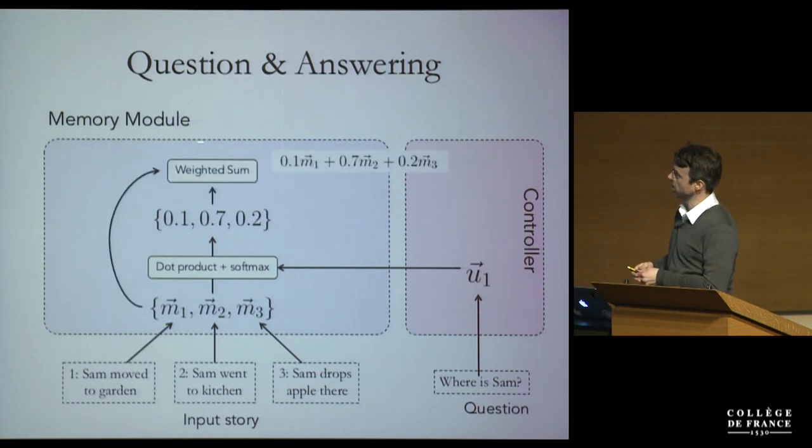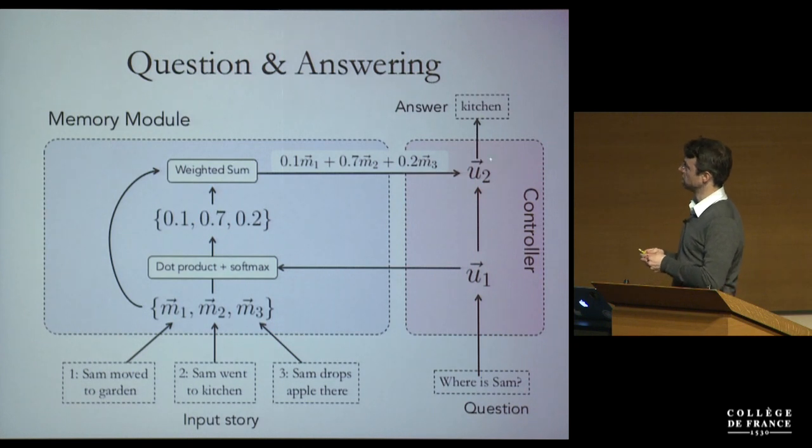And then our weighted sum output is going to be this. So we're going to use those weights to weight each of these, and that is going to be passed back, we're going to add that to U1 to create U2, and then we'll pass that into some sort of output function. In this case, there's only one memory hop. In practice, we're going to use, say, 3 memory hops or something like that for various problems.